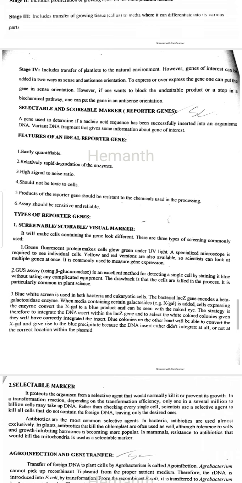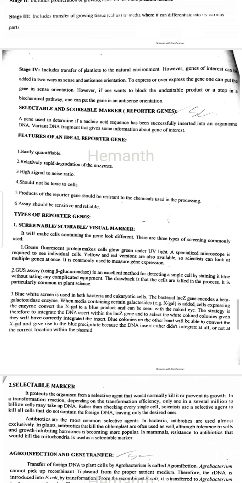The strategy is therefore to integrate the insert. Blue colonies, on the other hand, will be able to convert the X-gal and give rise to the blue precipitate because the DNA insert either did not integrate at all or not at the correct location within the plasmid.